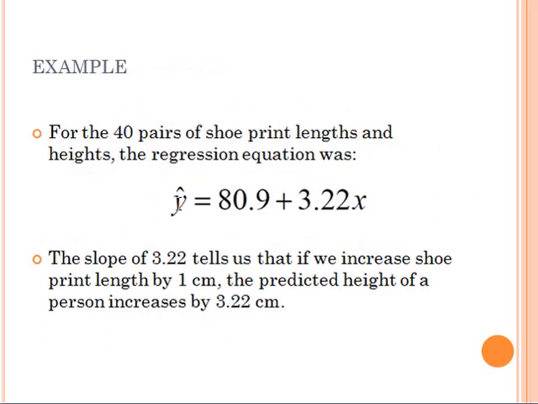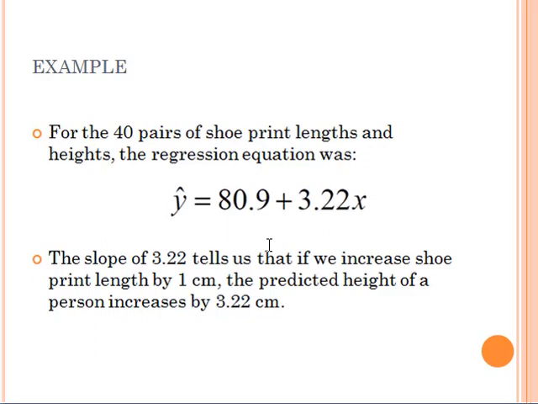So again, let's consider this with an example. If we have 40 pairs of shoe print lengths and heights, then the regression equation will be given by these coefficients. In this case, we will have y hat equals 80.9 plus 3.22x, right?